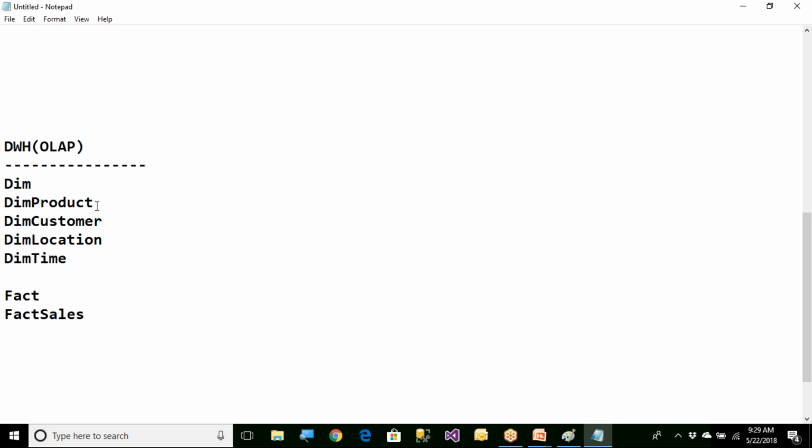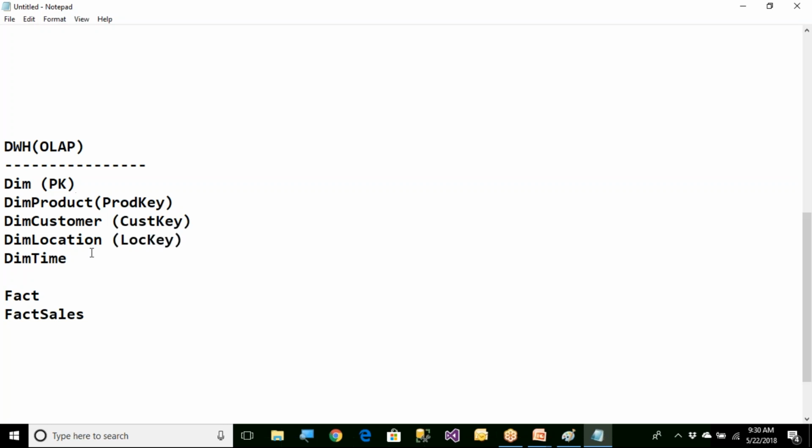Clear? And you have a product key or a product ID, so prod key will be there and product name. Here you may have customer key as a primary key, and here we will have a location key as a primary key, because a dimension table will have only primary keys, right?